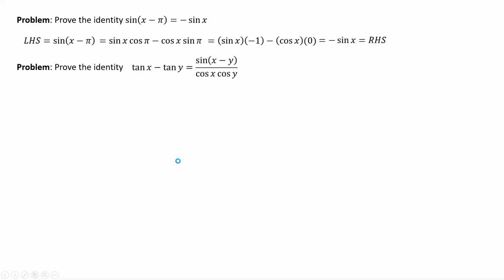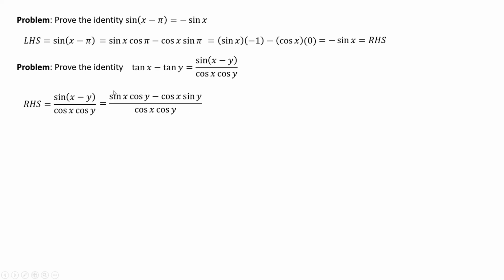Okay, prove the identity tangent x minus tangent y is equal to sine of x minus y over cosine x cosine y. Whoa. To me, the simple strategy would be to take the right hand side and work with it. So that's equal to sine of x minus y over cosine x cosine y. So that makes it sine x cosine y minus cosine x sine y over cosine x cosine y.